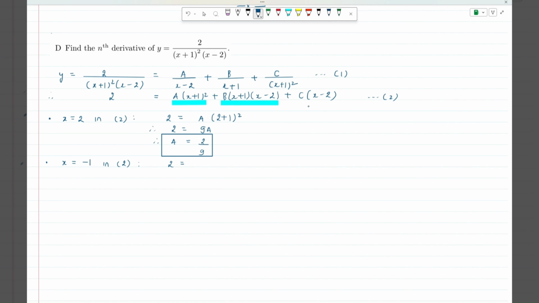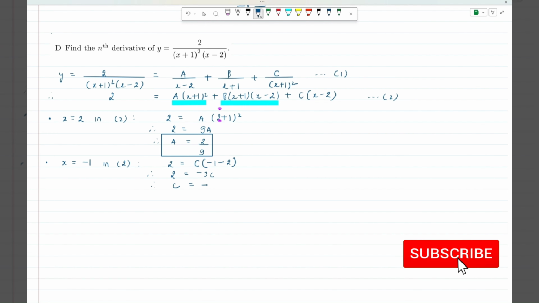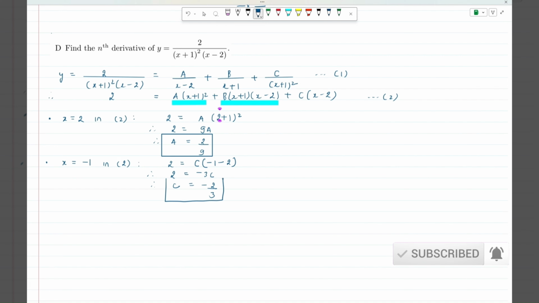So we will be only left out with the third term, so this is going to be c into (negative 1 minus 2), and that gives us 2 is equal to negative 3c, and therefore we get c is equal to negative 2 over 3.